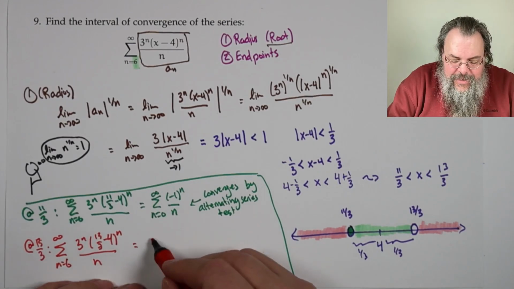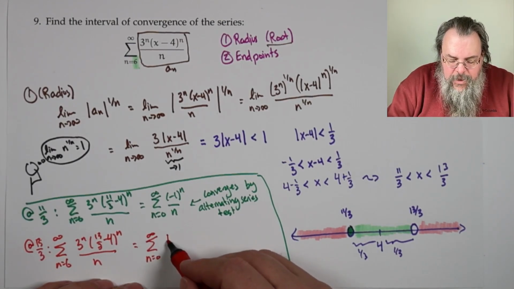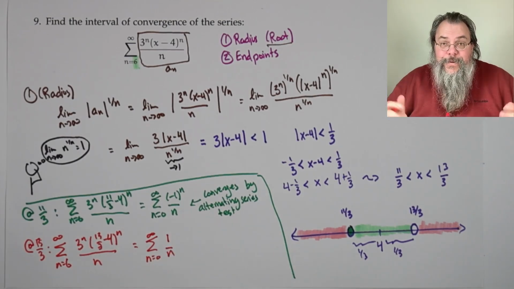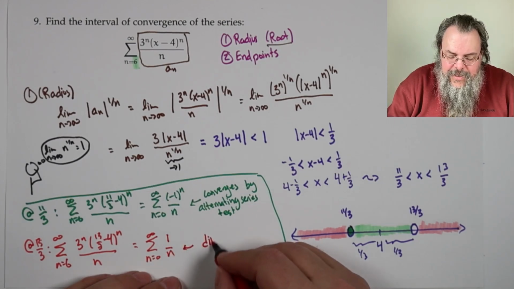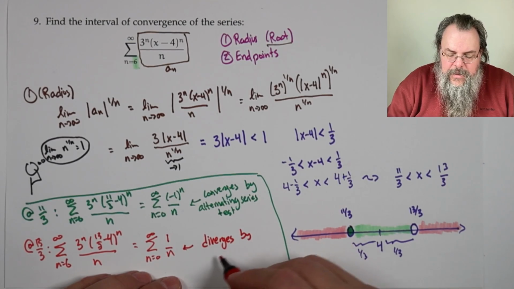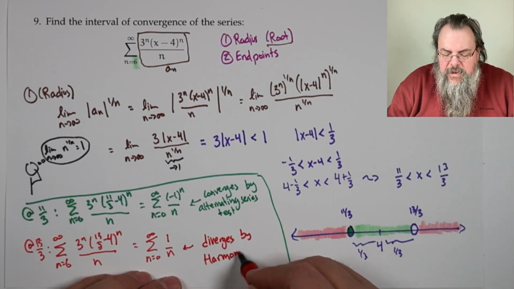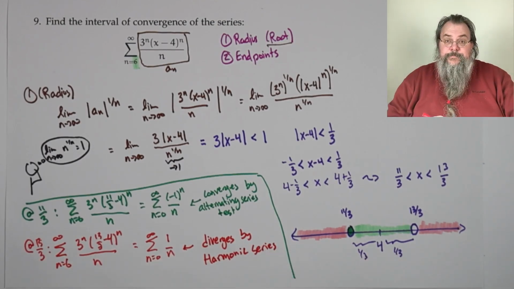And so we get this sum, from n equals 6 to infinity, of 1 over n. What can we say? It diverges. Why does it diverge? Well, it diverges by being a harmonic series. We could also say it's the p-series, but the point here is we have a reason why it diverges.